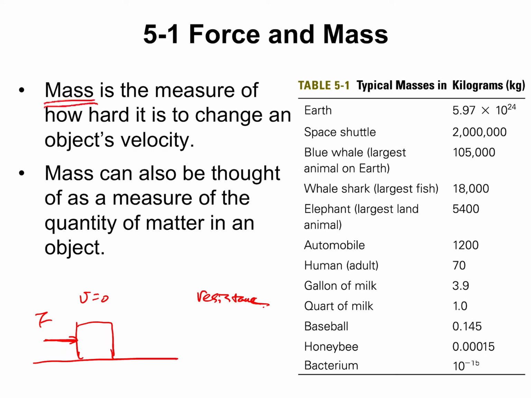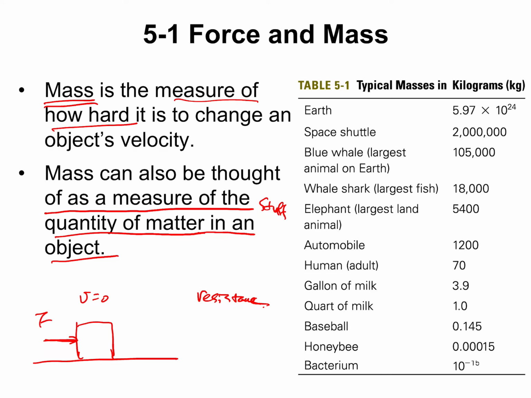If the mass is small, it's pretty easy to change the object's velocity. If mass is big, it's very hard to change the object's velocity. Mass can also be thought of as a measure of the quantity of matter in an object, the stuff the object holds. So that is the mass.